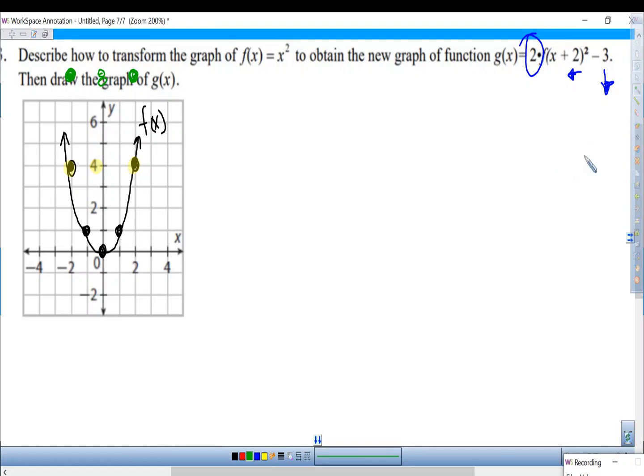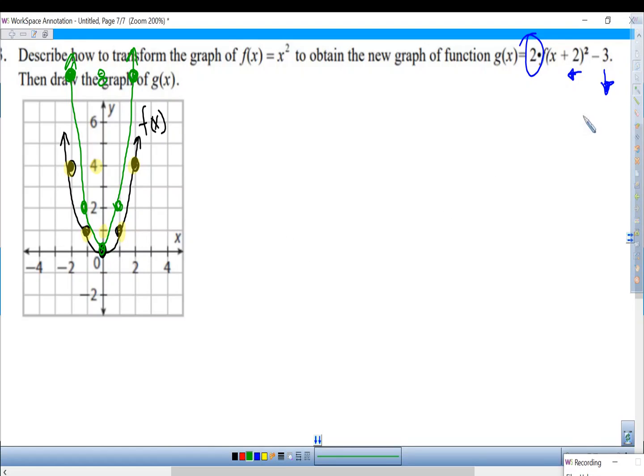So what's the original y value for these 2 points? The original one is 1, but since we're multiplying times 2, my new y value is at 2 for this one and this one. So here's a stretch.